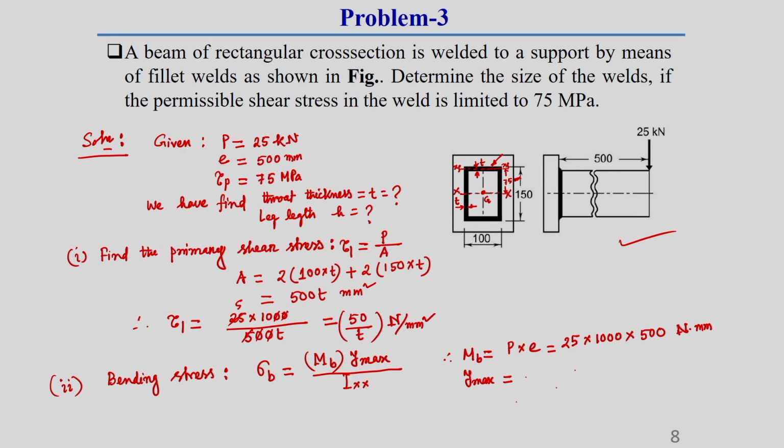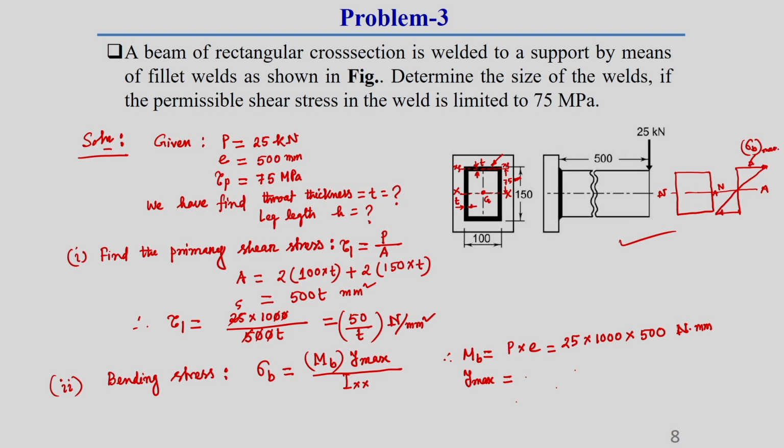We should consider the farthest weld because we are already familiar that in a rectangular cross section, the bending stress distribution is maximum at the top fiber and gradually decreases to 0 at the neutral axis. About the neutral axis, the top fiber is generally subjected to tensile bending stress, which is the maximum sigma b.